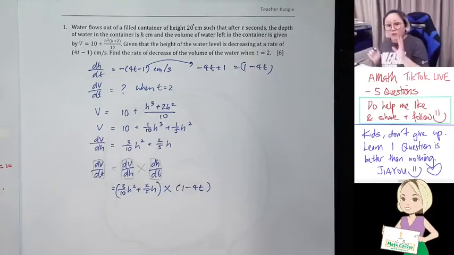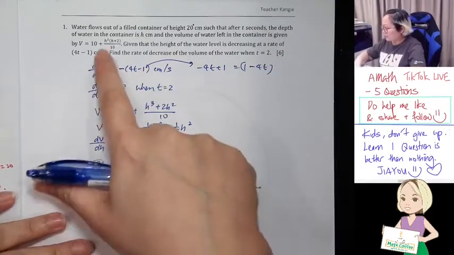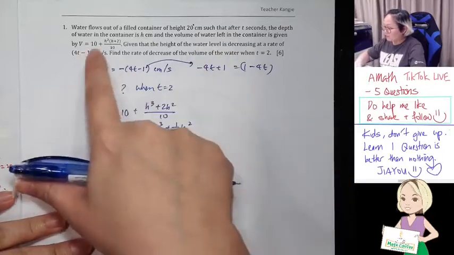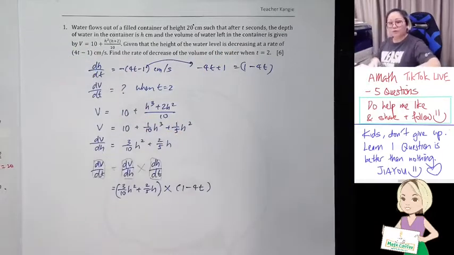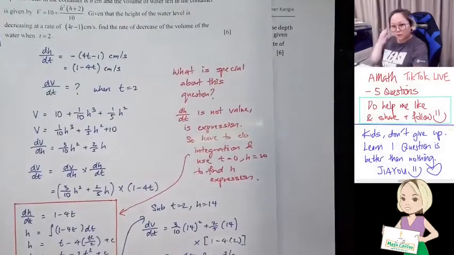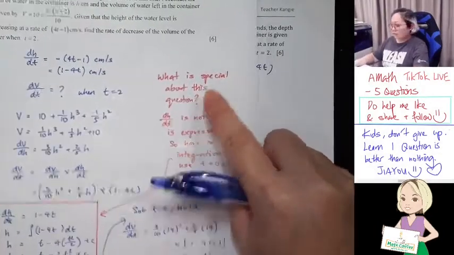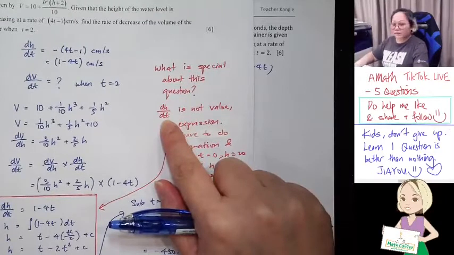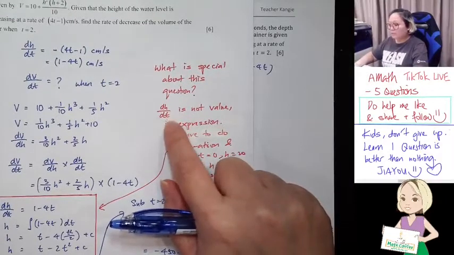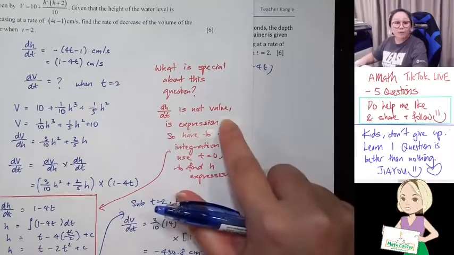Kids, this one is a bit different. Why do I say it's a bit different? In your notes that I was sending to you, I will state here. What is so special about this question? Usually, dh/dt is given as a number, but this time round, they give you dh/dt as an expression.